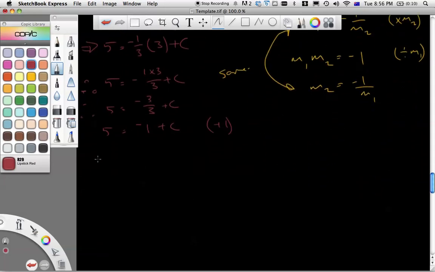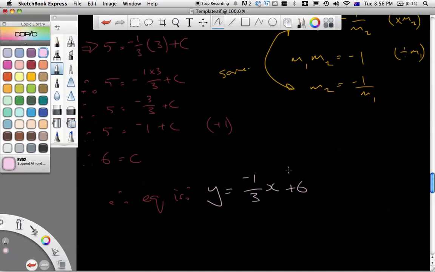So we can say 6 equals c. Therefore, the equation is y equals our slope, which is negative 1 on 3 x plus 6.